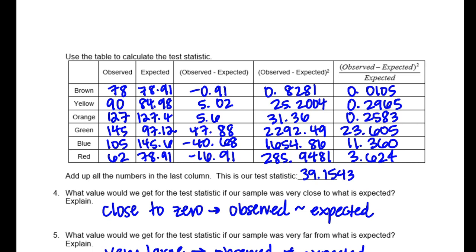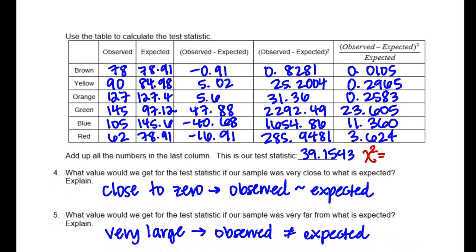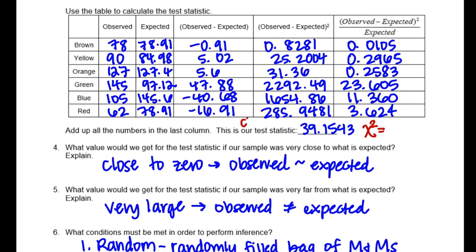And so the formula for that is going to be chi-squared. This is a Greek letter, chi, C-H-I. It looks like an x, but we like to use just this Greek letter for it. So it is the observed minus the expected, and then we square it all over the expected, and then what we did to get 39 was to add up all the values.